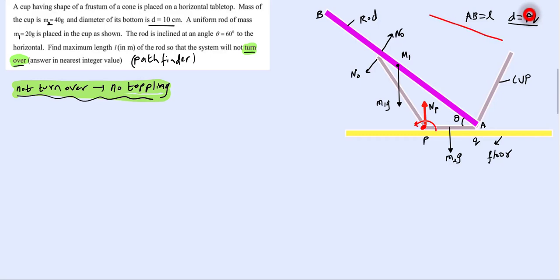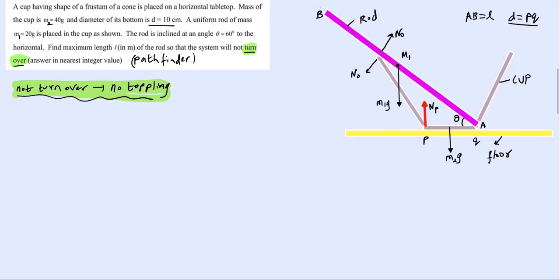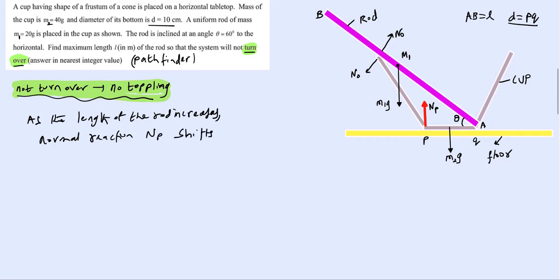Now we'll take this rod and the cup as a system and discuss the net torque about point P. As the length of the rod increases, the normal reaction NP shifts towards the left.